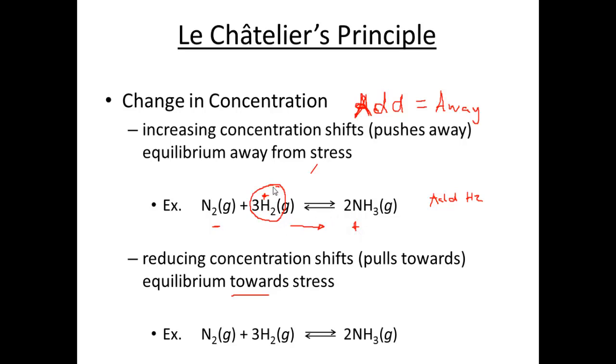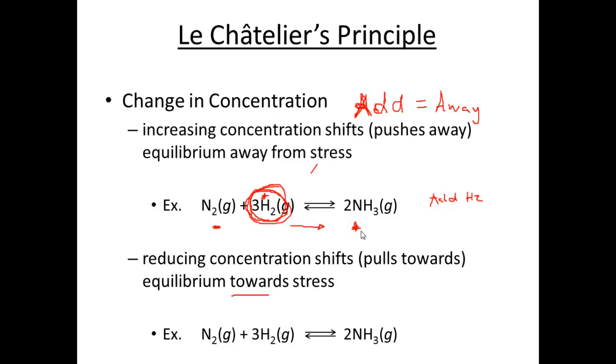If we're adding stress, show whatever stress that is. If we're increasing the concentration of H2, circle H2, maybe put a little plus sign. And if we go away from that stress, we're going to get less N2, and more ammonia.